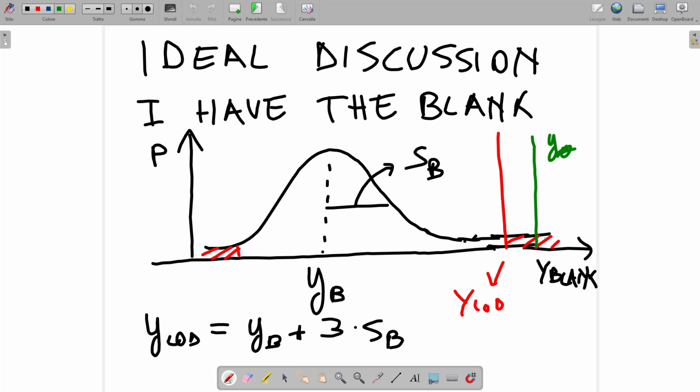Okay, let us change to another strategy. You have the signal of the blank, okay? This number. And you want to decide when the green signal, Y0, is high enough. This is what you want, to decide when Y0 is high enough.